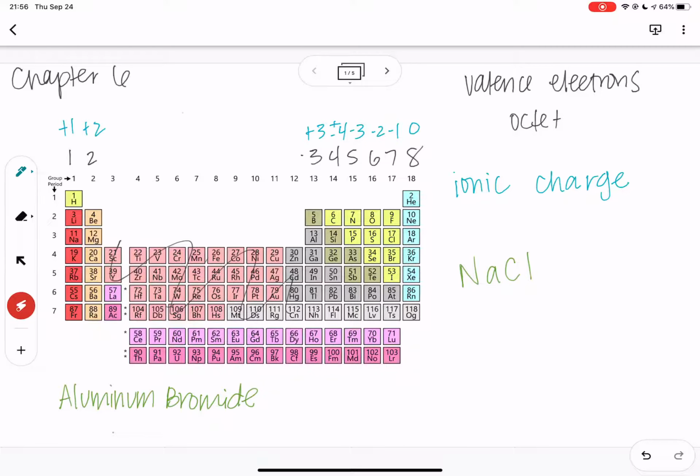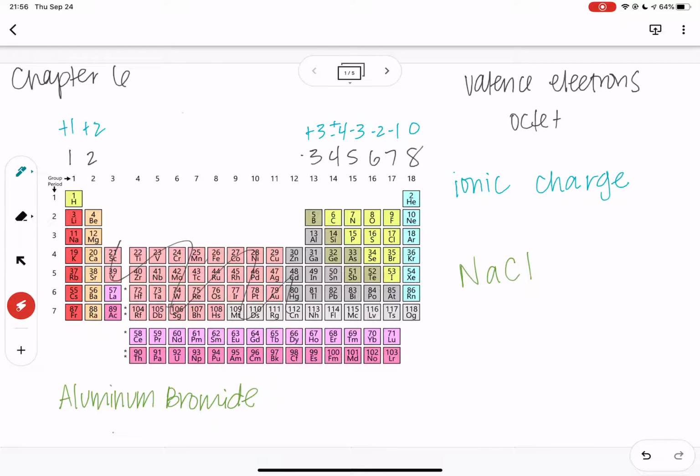Next, ionic bonds. Those are formed between metals, which are these guys, and nonmetals, which are these guys, plus hydrogen. And I'm not going to get too far into what happens with the electrons. We know that electrons are transferred in ionic bonds, but what I want to show you here is the naming and the formula writing.